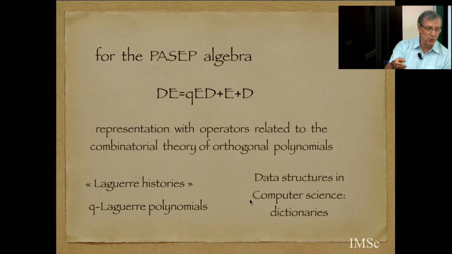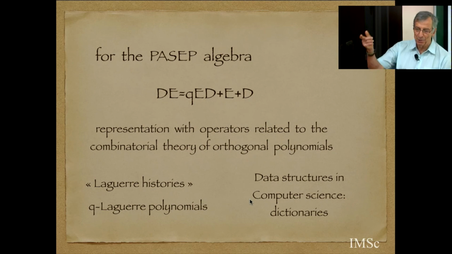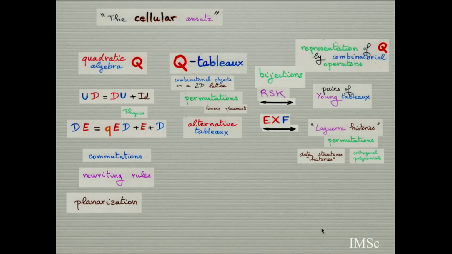When you add a new element in a data structure, you can delete, you can ask a question: is somebody in your file, in your data structure? This is called a dictionary data structure. There are 4 possible operators, and this will be the inspiration to get a representation of this algebra. So it's strongly related to data structures, to computer science, to orthogonal polynomial theory, and Laguerre histories, which are in bijection with permutations.